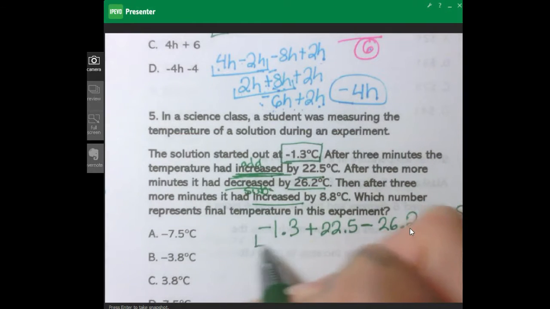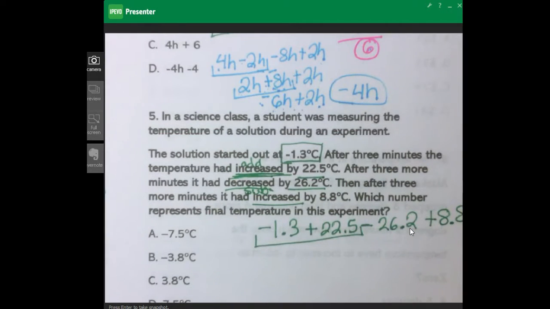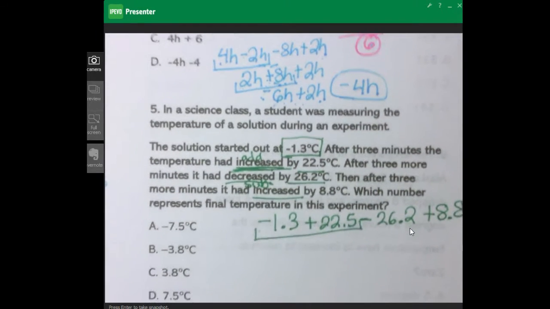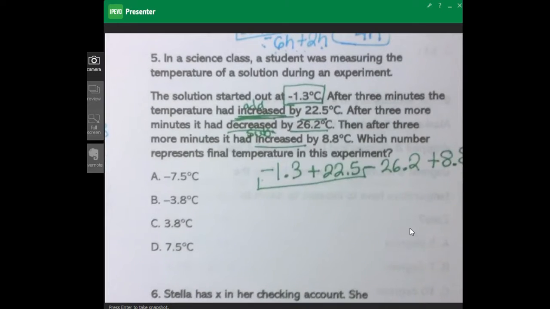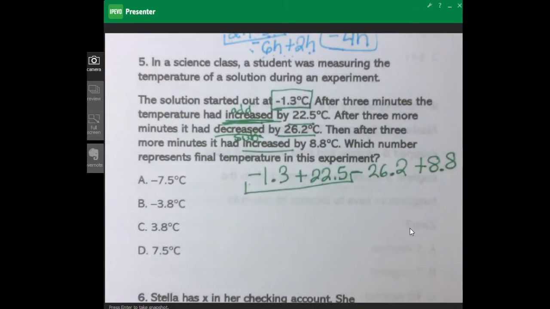So here I have negative 1.3 and 22.5. I have different signs. So really, I'm going to subtract and then keep the sign of the bigger number. Let me get us some more room here. So I'm going to write off over here to the side 22.5 and 1.3, and I'm going to subtract.